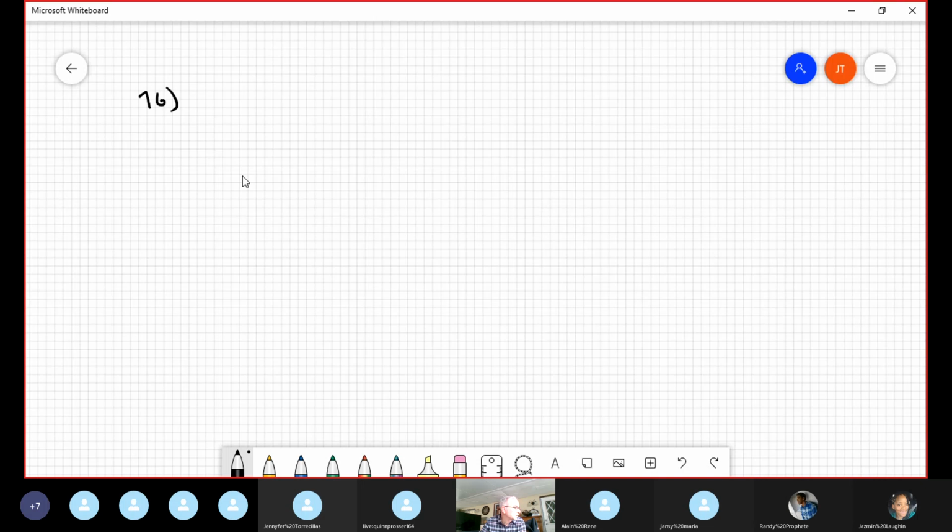16 is easy. It's x to the 4th power minus 21 x squared minus 100. Okay, right-hand side 0. Okay, I like that. Now factorization.